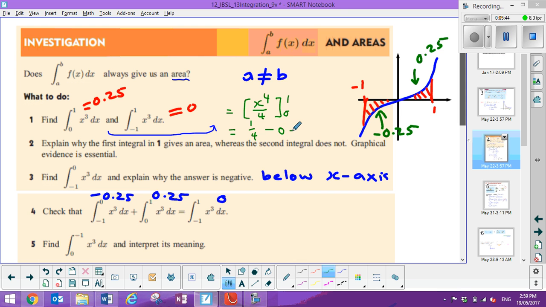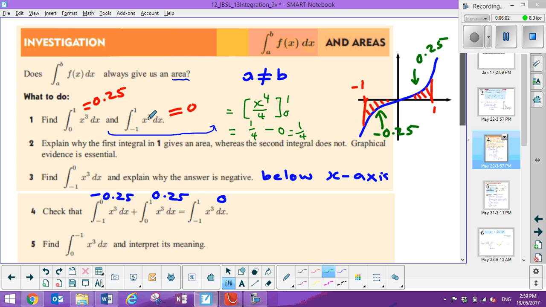So we're left with 1/4. So our area is positive 0.25. This is negative 0.25 because it's exactly the same, but it's below. And when you take the integral from -1 to +1, the net result is 0.